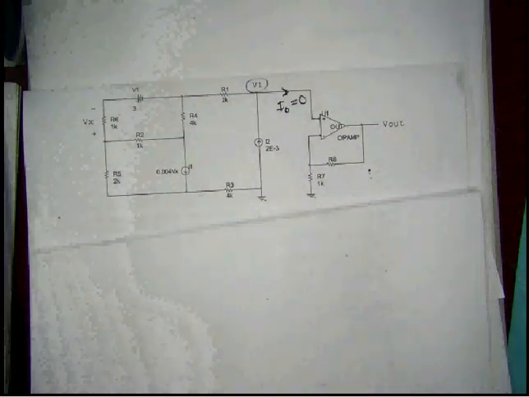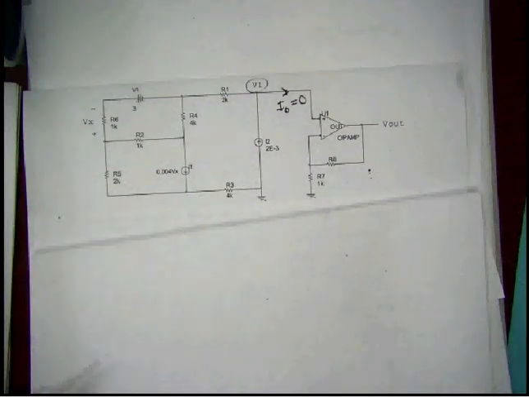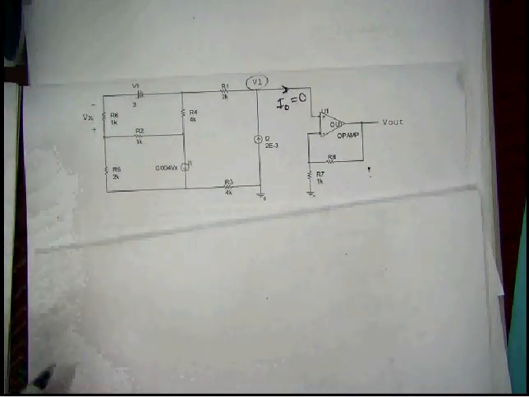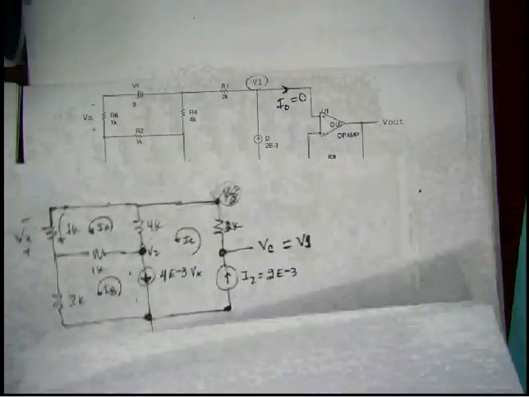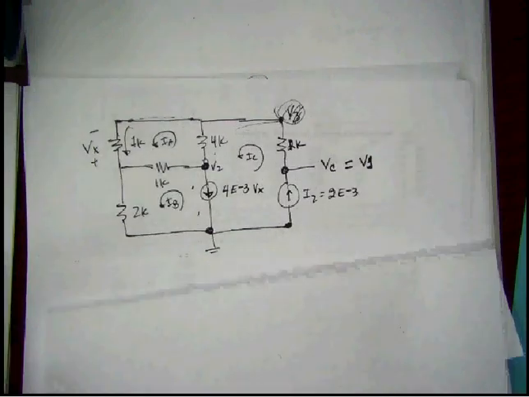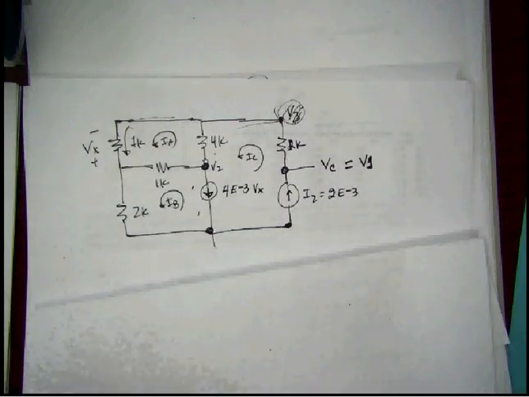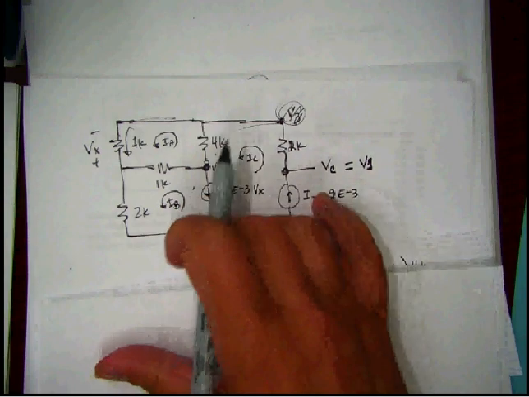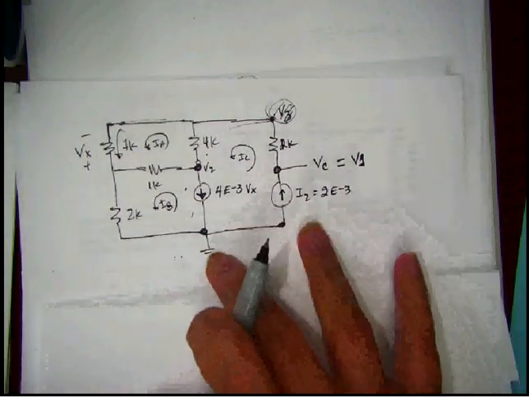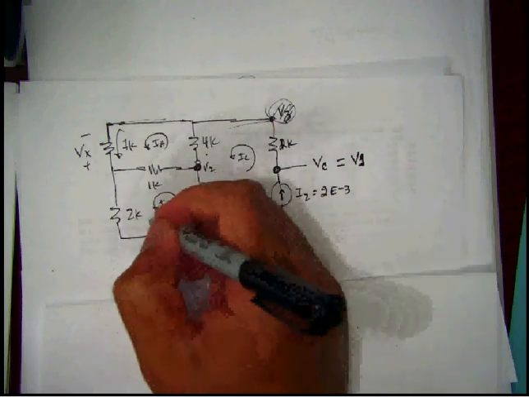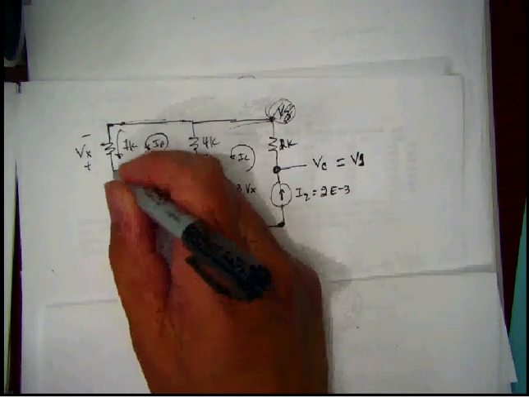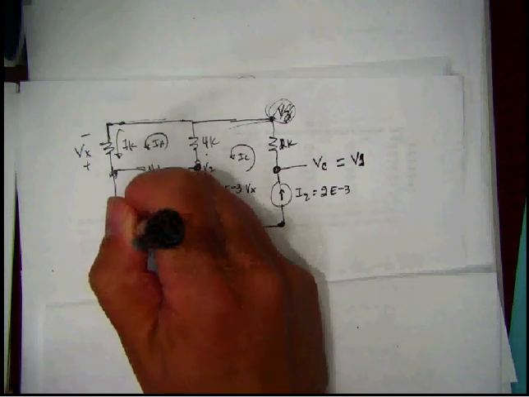Again, from the redrawn circuit diagram, we're at 0 volts here, 0 volts here. You know the current IB. So to figure out what the voltage is here, we go.